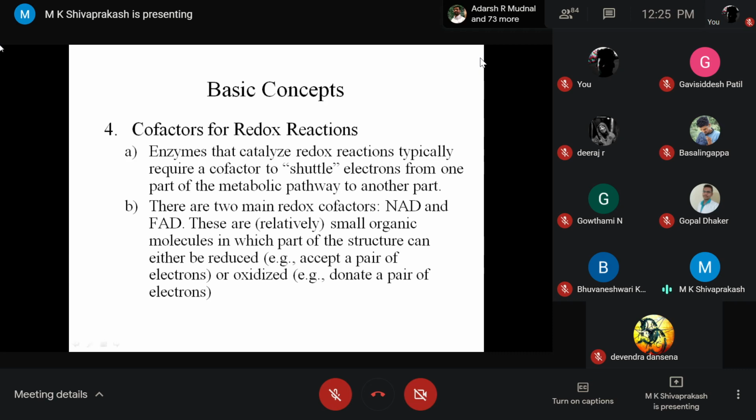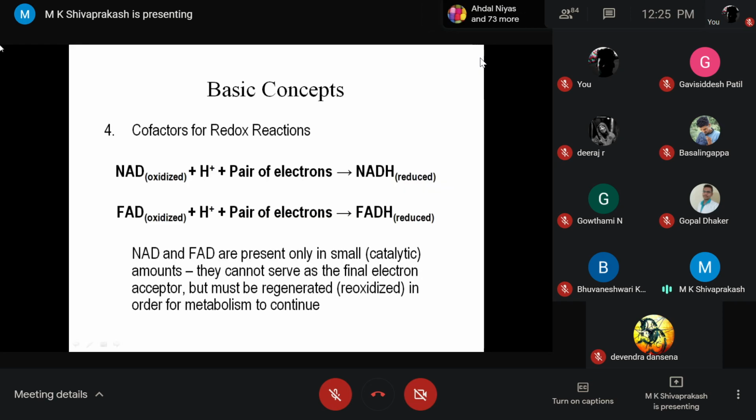There are two main redox molecules I have told you, the NADs and the FADs. Of course, there are other things also. I have just explained that they can be in both states, oxidized or reduced. NAD or FAD is the oxidized state. By adding protons, H plus, and a pair of electrons, they get reduced, so NADH or FADH.